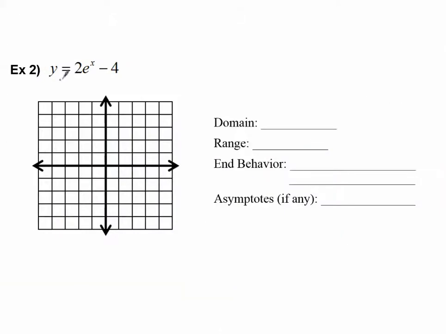Example 2, y equals 2 e to the x minus 4. So we remember the parent function, y equals e to the x, looks like this. A major point to remember on the exponential function is the point (0, 1), because e to the 0 equals 1. There's also an asymptote along the x-axis at y equals 0. So notice, because of the minus 4, that asymptote is going to be shifted down 4 units. 1, 2, 3, 4.